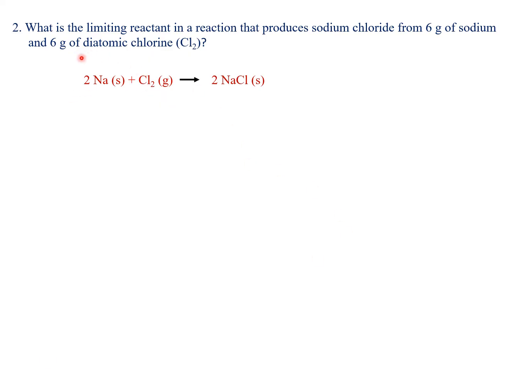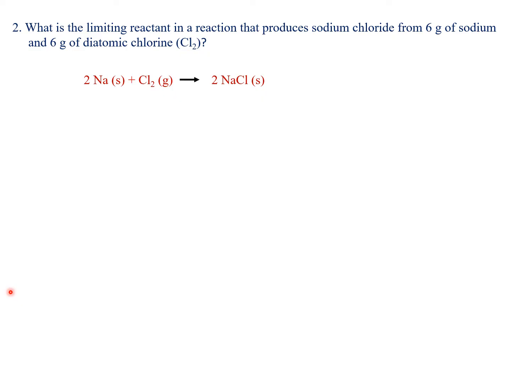Second example: what is the limiting reactant in the reaction that produces sodium chloride, that is NaCl, from 6 grams of sodium, which is a metal, plus diatomic chlorine, 6 grams? Chlorine is a gas. Now available amounts are 6 grams of sodium and 6 grams of chlorine.